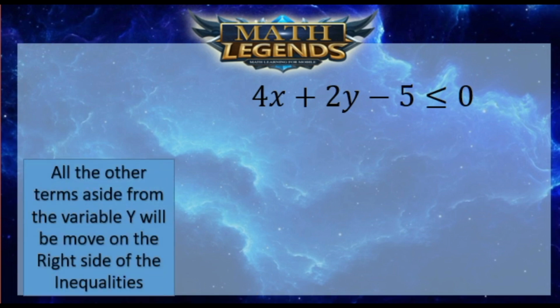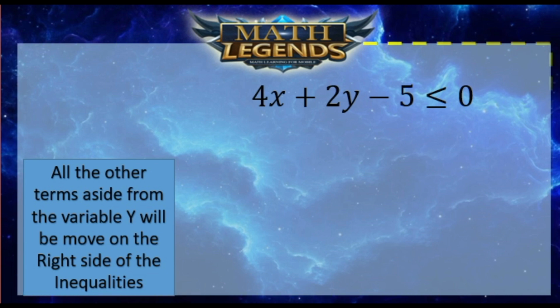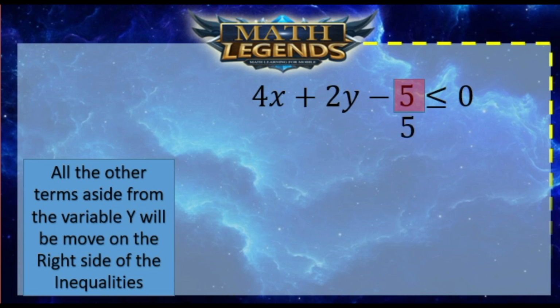First, all the other terms aside from the variable y will be moved to the right side of the inequality. So we have here negative 5. In order to move negative 5 to the right side of the inequality, we're going to add its additive inverse. The additive inverse of negative 5 is positive 5.